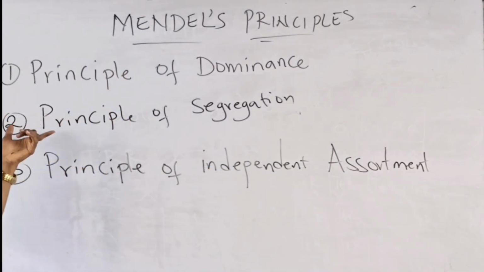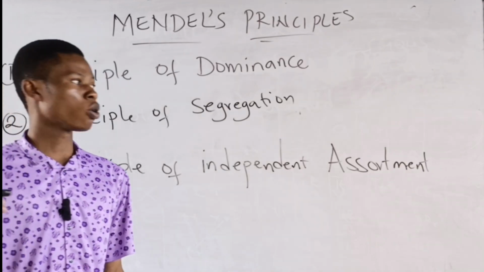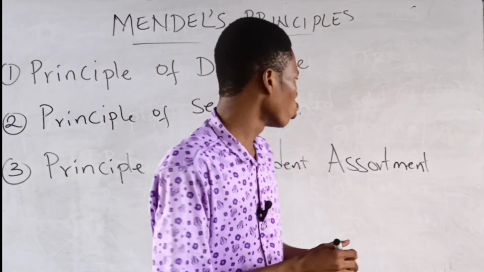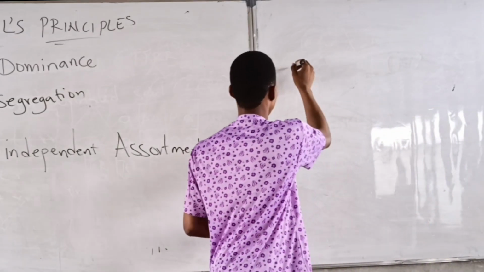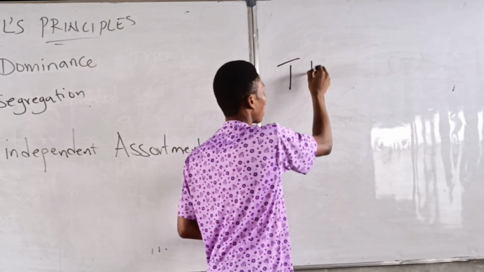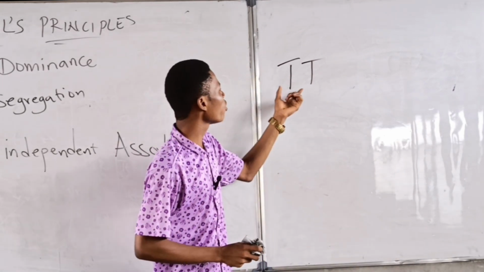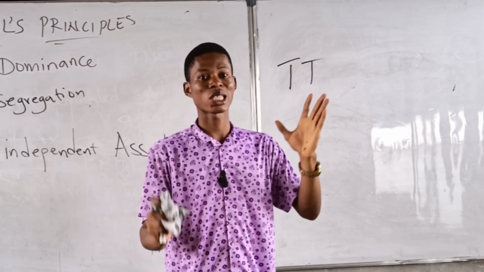Now, the second one, principle of segregation. Now, we know that these alleles are in pairs, the genes are in pairs, right? Good. Now, if you have something like this, capital T, capital T, this is homozygous dominant, right? Now, before this is passed on to offspring, there must be segregation, separation.